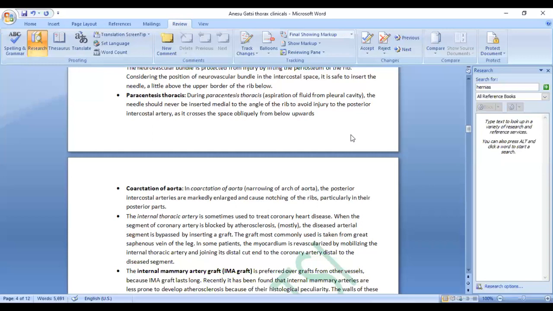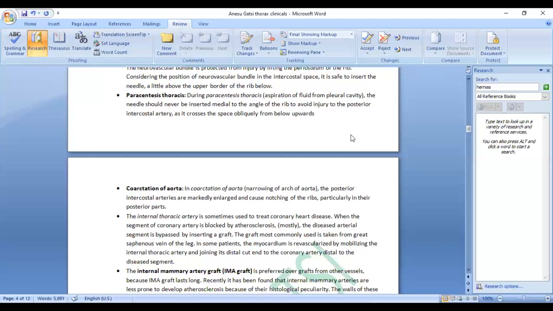The vessel that is used most often is the great saphenous vein of the leg, but then you may have the internal thoracic artery being used to revascularize the diseased segment by joining its distal cut end to the coronary artery distal to the diseased segment.